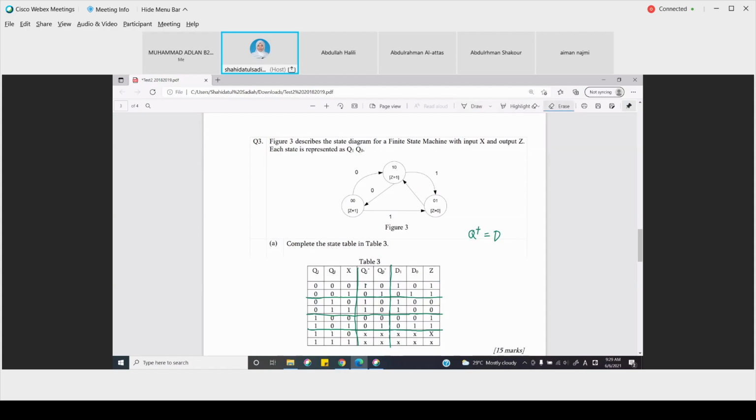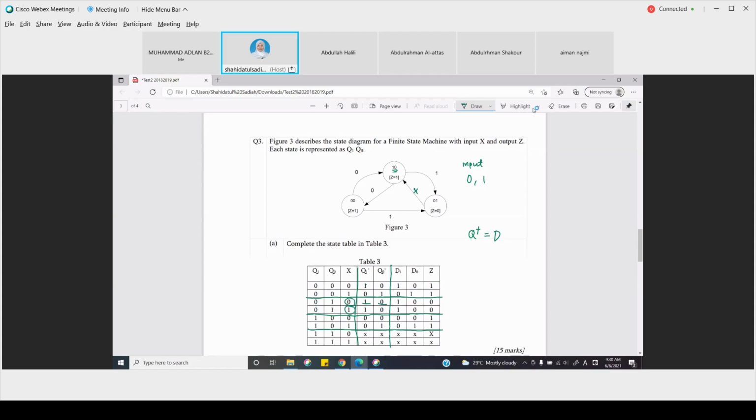Okay. There's no input written here because it's don't care. It's actually don't care. Okay, it's good that we do this exercise because I think I didn't teach you in the video lessons. It doesn't matter whether the input is 0 or 1. It will go to the next state, which is 1, 0. When the input is 0, it will go to 1, 0.